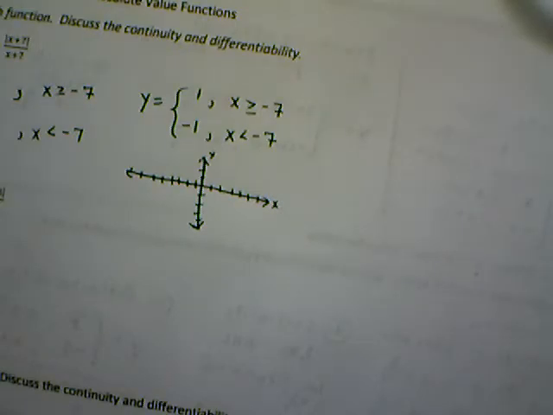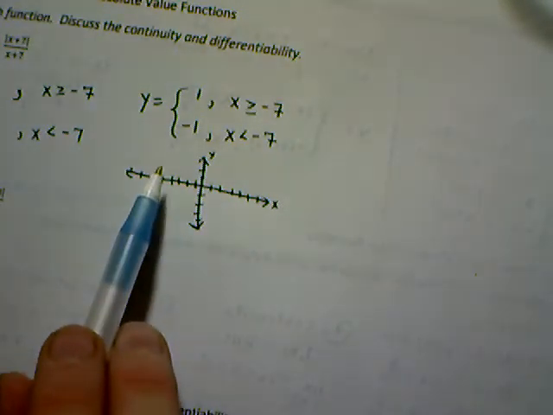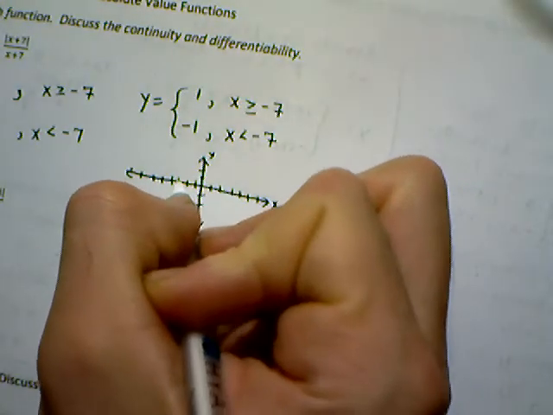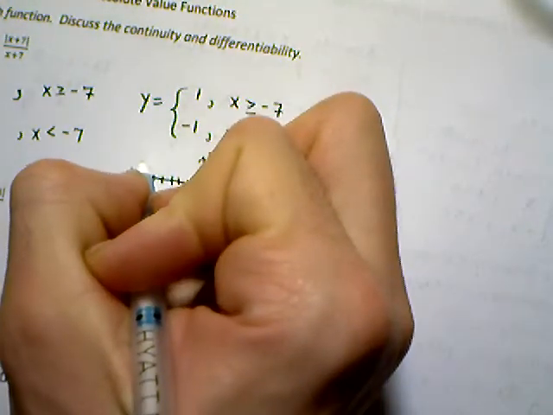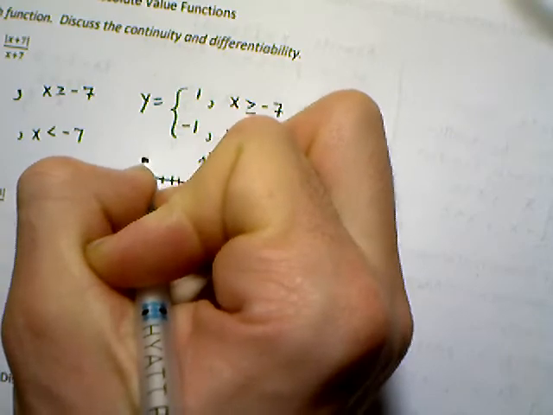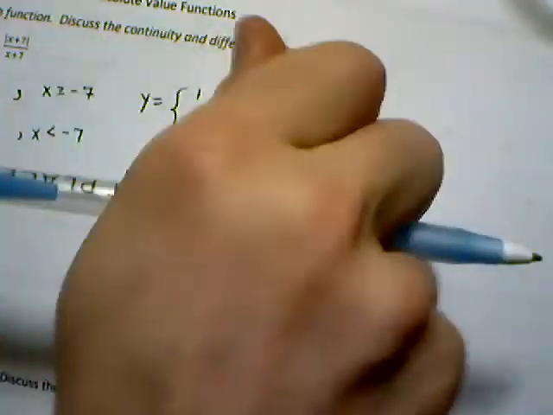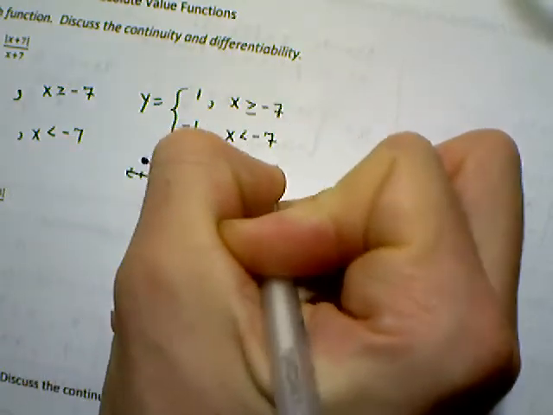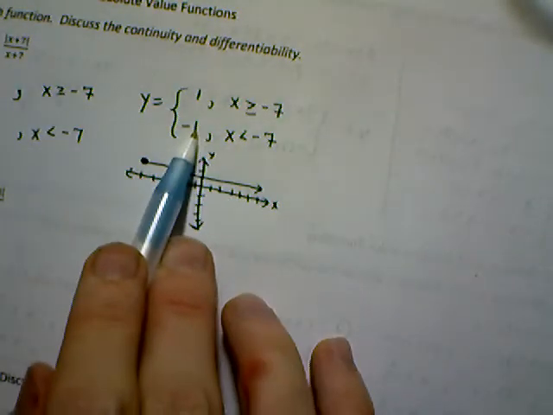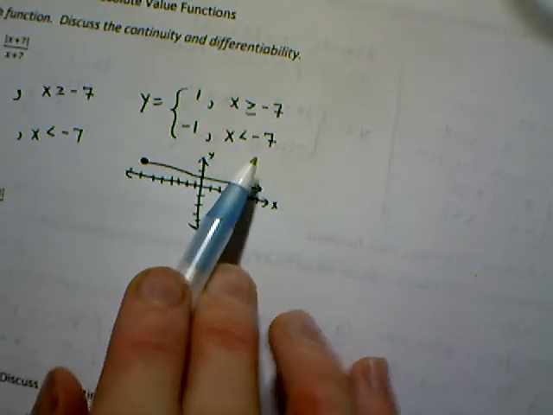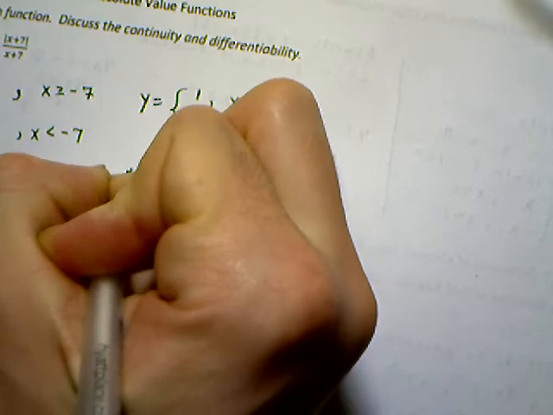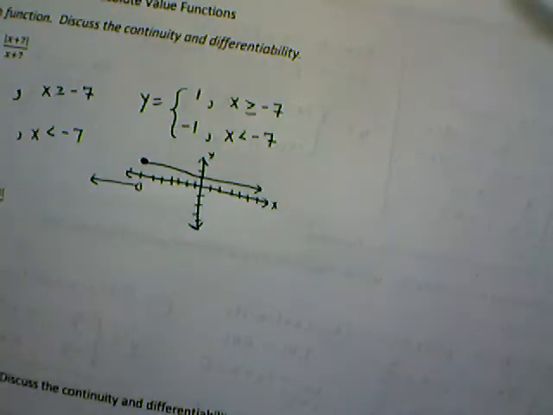Now it's 1 whenever x is greater than or equal to -7, so I'm going to go 1, 2, 3, 4, 5, 6, 7. Whenever x is greater than or equal to -7, the rule is 1. Then it says -1 when x is less than -7. So I'm going to put an open circle on -1 and shade the opposite way. All right, so this is the graph.